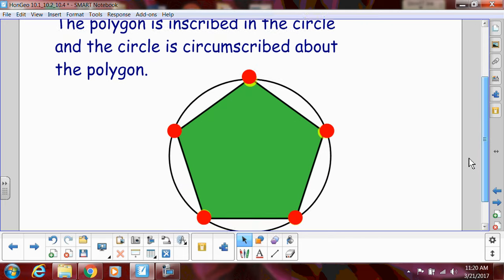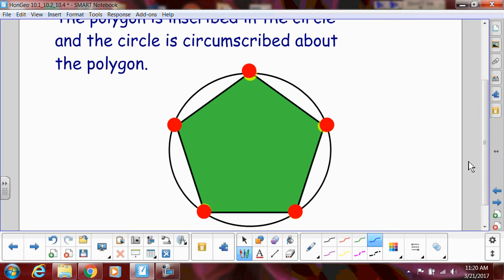This is just some terminology. This polygon is inscribed in the circle, it is inside of the circle, whereas the circle is circumscribed, it goes around the polygon. Just keep those two words straight.